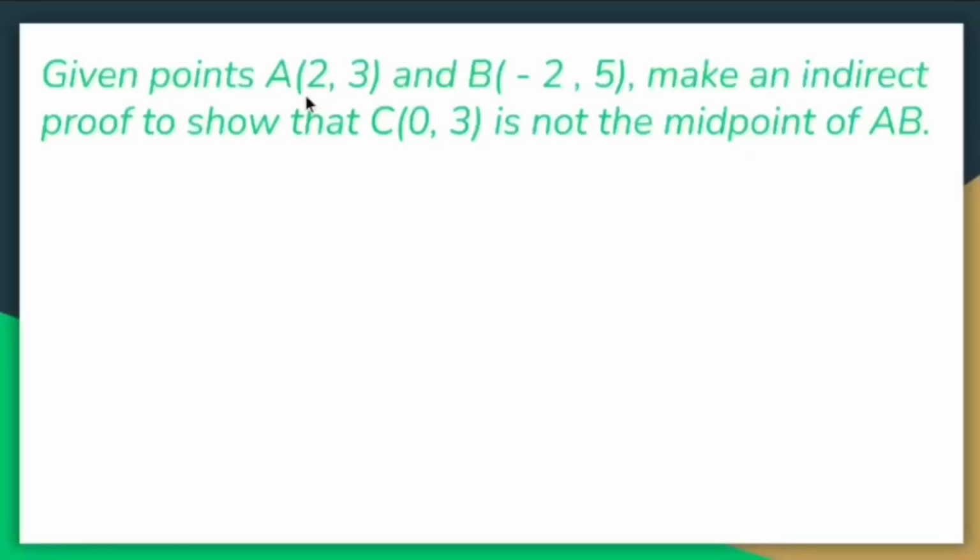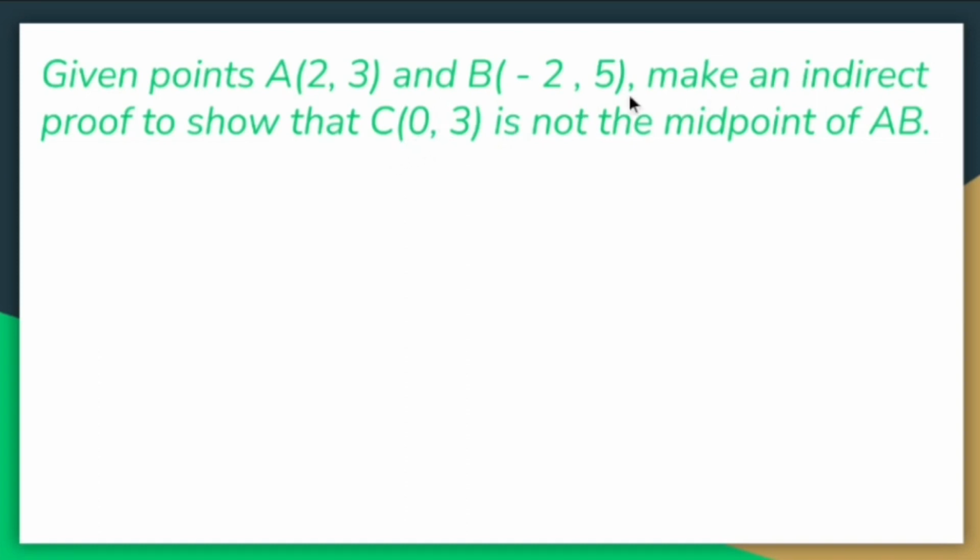Given points A, (2, 3) and B, (-2, 5), make an indirect proof to show that C, (0, 3) is not the midpoint of AB. All right, so with an indirect proof, what you have to do is assume the opposite of the second part that you're trying to prove.